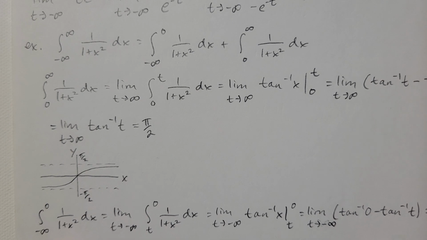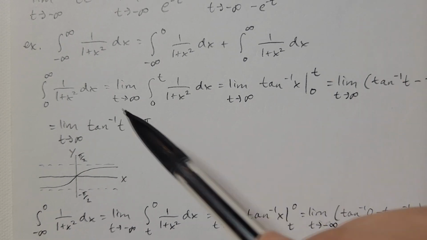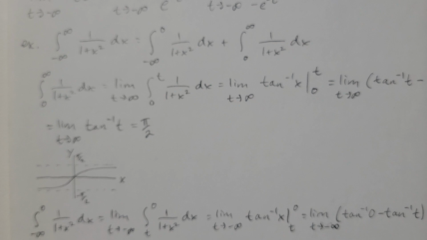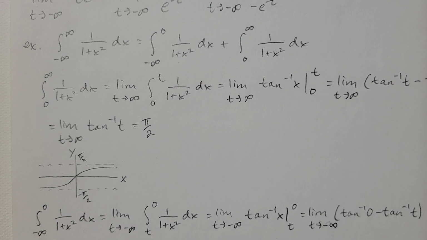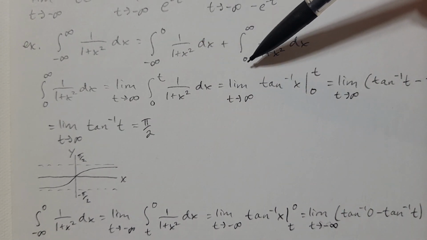Let's try another example. So what if I want to find the integral of 1 divided by 1 plus x squared dx going from negative infinity to infinity? Okay, this is an improper integral. So, I'll need to split this at a number. Now I can choose any number I want.